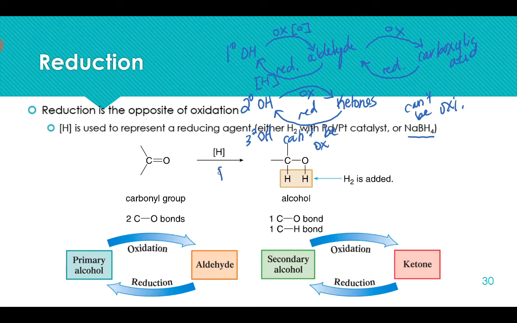With platinum or palladium, you might see H2 with palladium. That's a metal catalyst for hydrogen gas. Or you might see like sodium borohydride, which has a lot of H's. Remember, oxidizing agents had a lot of O's, and reducing agents have a lot of hydrogens.